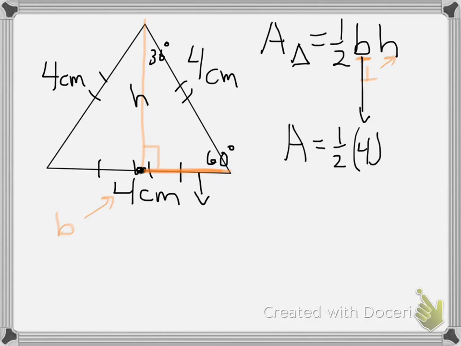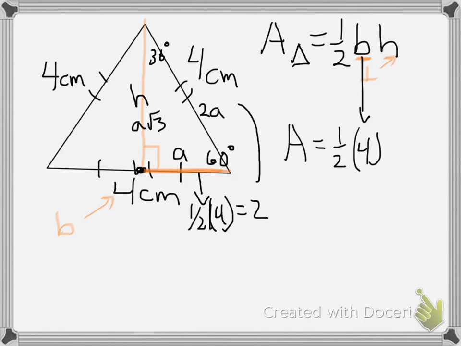So this is half of 4, which equals 2. It's also a 30, 60, 90, so this is A root 3, and this is 2A. So another way we could have gotten this is to say 2A equals 4. So you divide by 2, you get A equals 2.